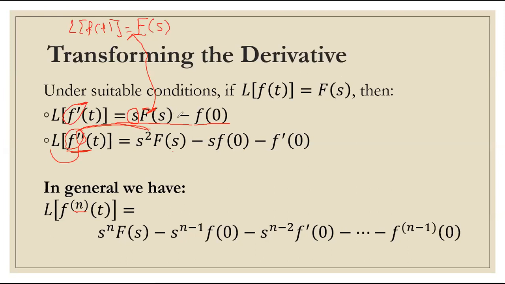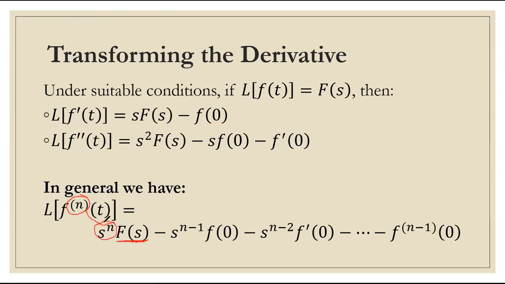Now, I'm going to prove one of them because some students need the theoretical concepts of the rules. But before that, let me read the general formula. If you have the nth derivative, your answer will be capital F of s, which is the Laplace of your function f without any prime, times s to the power n, the same n.